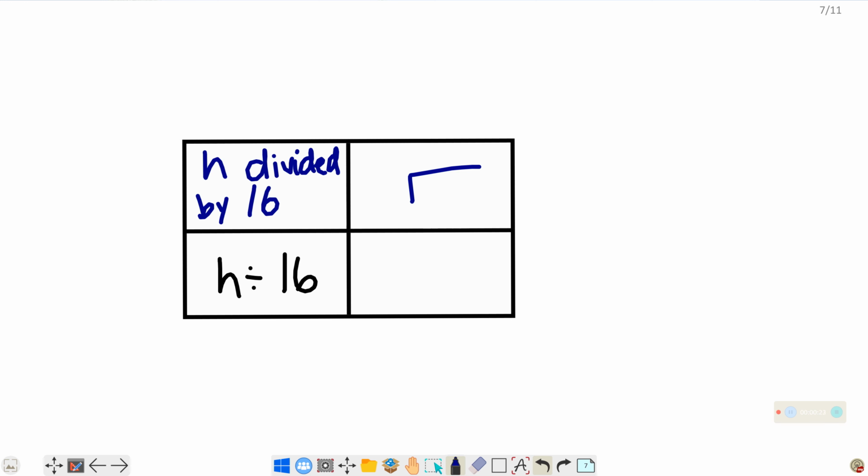If you write it in the long division symbol, you want the h to go on the inside, so it says h divided by 16. The h is out front first, so you want it to come inside when you're writing it using long division. And if you're writing it as a fraction, since the h was stuck inside, it's ready to go on top, and the 16 is ready to go underneath.